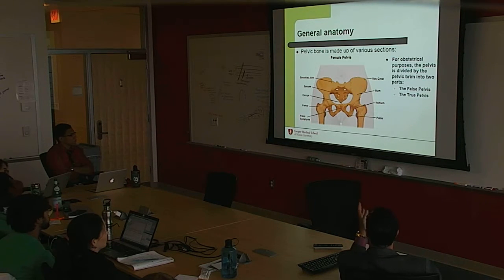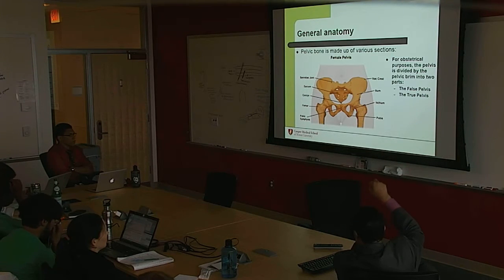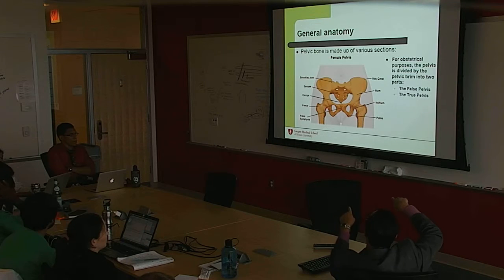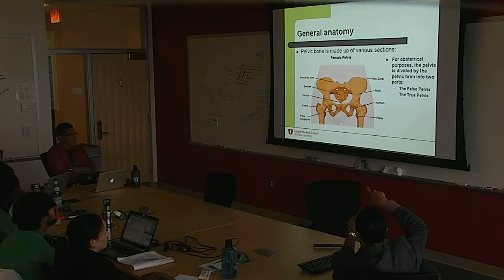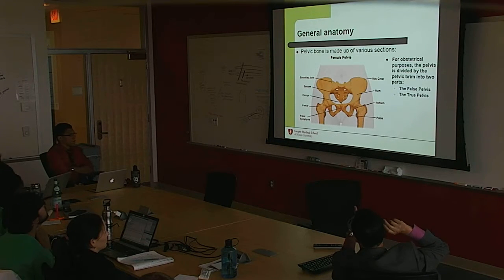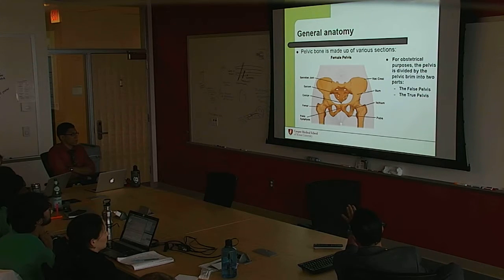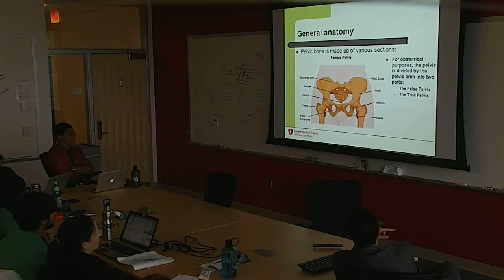You just need to know the false pelvis and the true pelvis. The true pelvis is what is surrounded by the pelvic ring, the inside of the pelvis, not the outside. The iliac crest, the promontory and the symphysis pubis. That's the false pelvis, but the other one I will show.